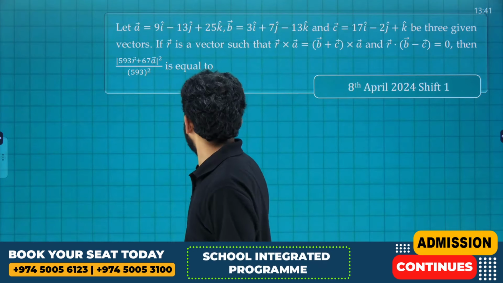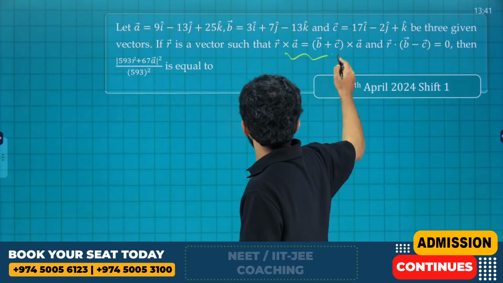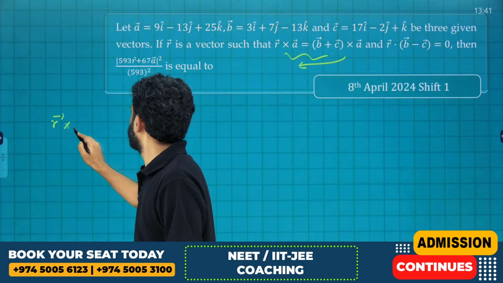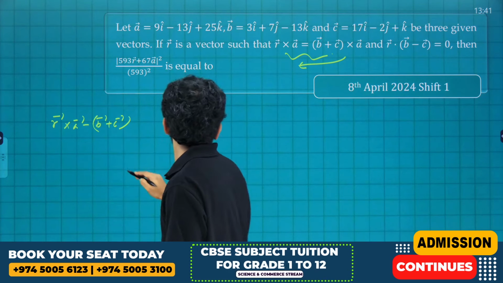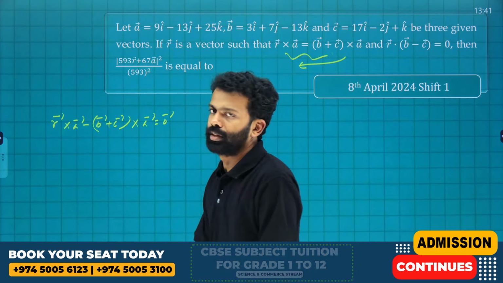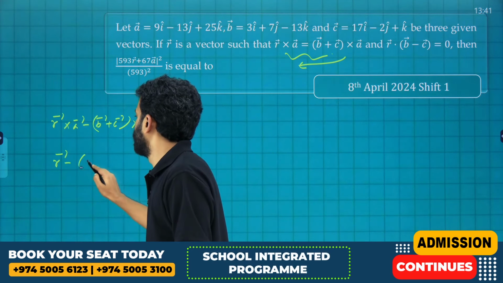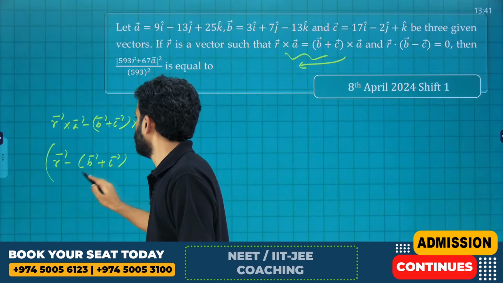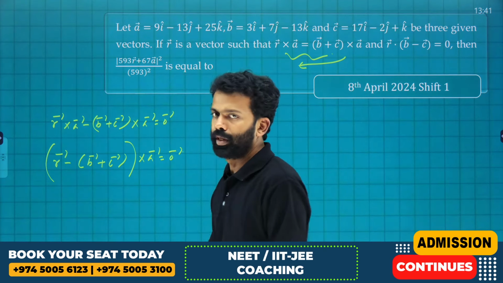Okay, let's try and solve this one. It's a very easy question actually. Let's formulate by starting here first. I'm taking this to the left hand side. This becomes vector r cross vector a minus vector b plus vector c cross vector a is equal to 0 vector. And it will be vector r minus vector b plus vector c, cross vector a, is equal to 0 vector.